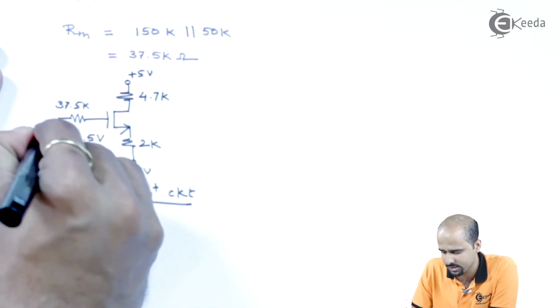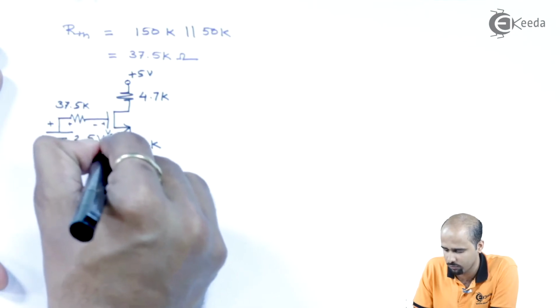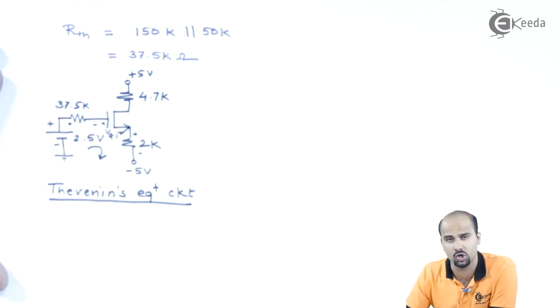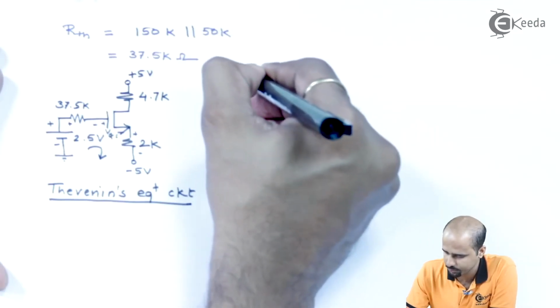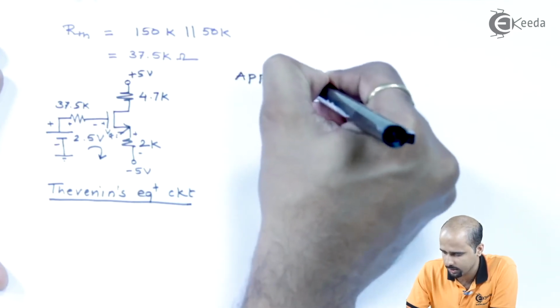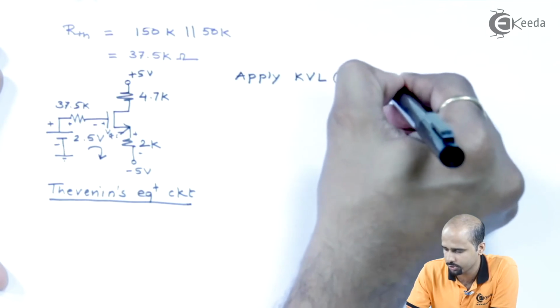This is your VGS, and this is the voltage across the source resistance 2k, and of course the minus 5 volts. Okay, so let's begin with application of KVL.